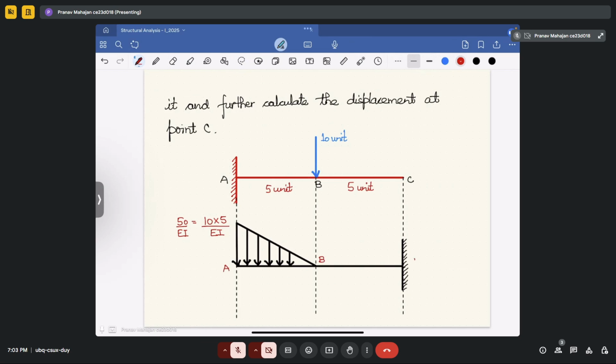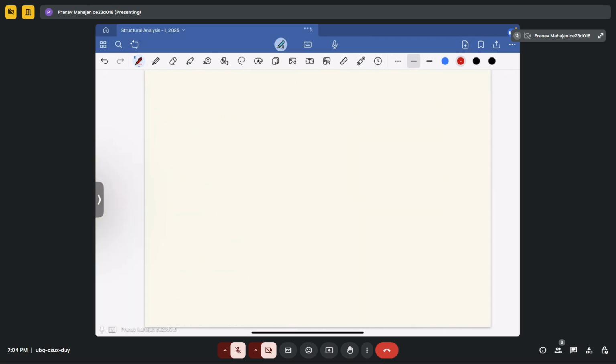Okay. So now, if you apply the principle of the conjugate beam, and you require the displacement at the free end, or you can say the displacement at point C, you have to determine the moment of this loading diagram, or the moment of the conjugate beam at point C, and that will give you the deflection at the free end of the real beam. Okay, I think I am able to communicate that to you.